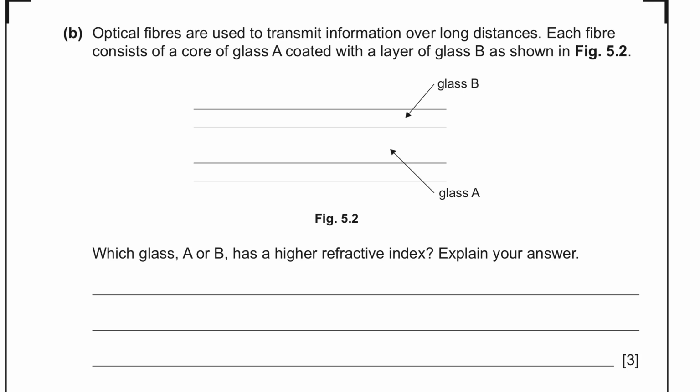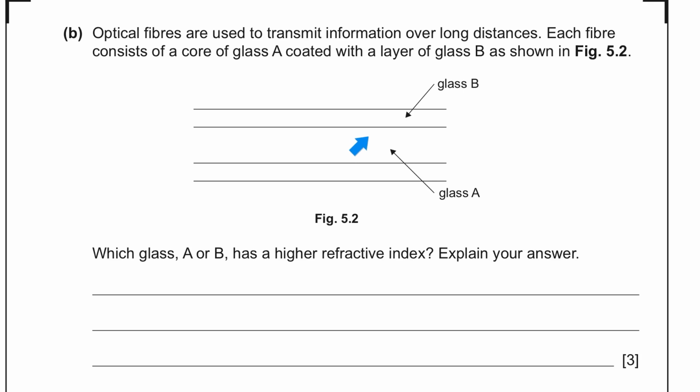And explain your answer. Right, remember the conditions for total internal reflection: you have to be greater than the critical angle here, and you have to be trying to go from a more dense to a less dense medium, or you cannot have total internal reflection.